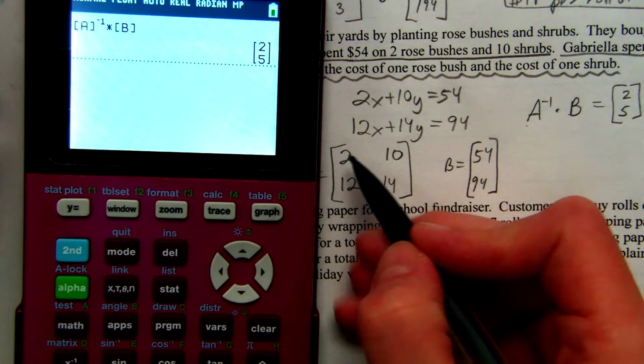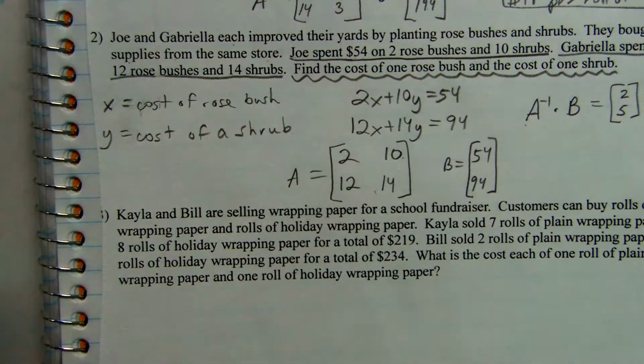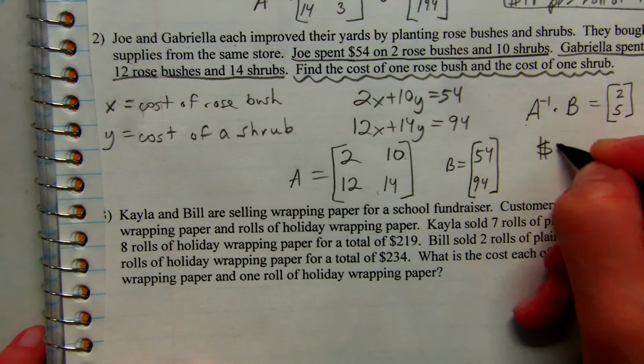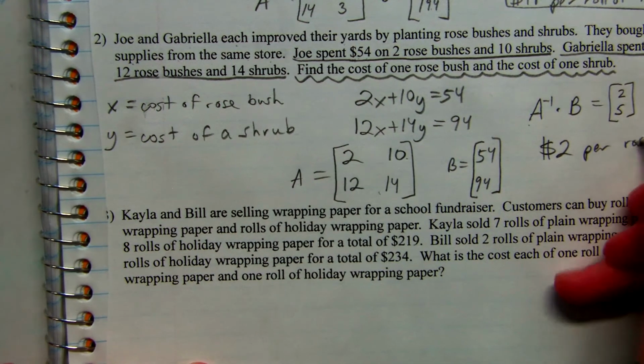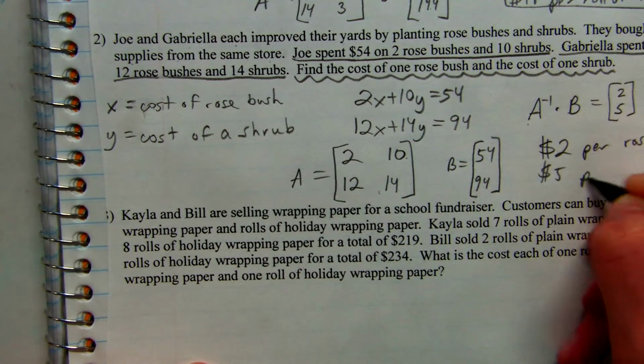Since we had rose bushes first all the way through and the other second, we just have to write that it is $2 per rose bush and $5 per shrub.